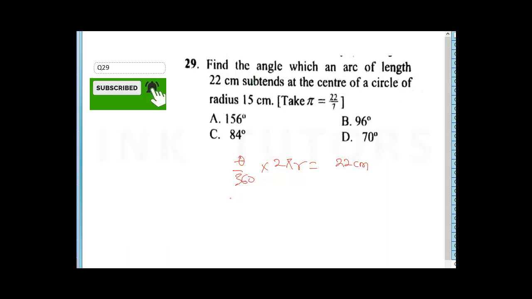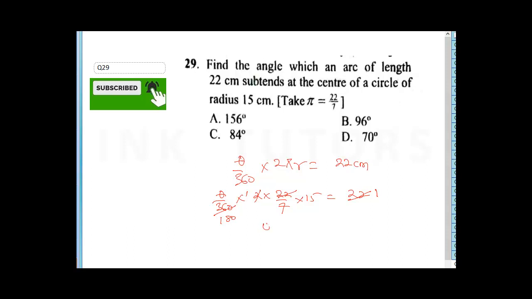So this means theta over 360 times 2 times our pi is 22 over 7 and our radius is 15 is equal to 22. Now okay, so the first thing I'll need to do is I'll just say 22 cancel out 22, so here is 1 already. So we have 2 here is 1, 2 here is 180.